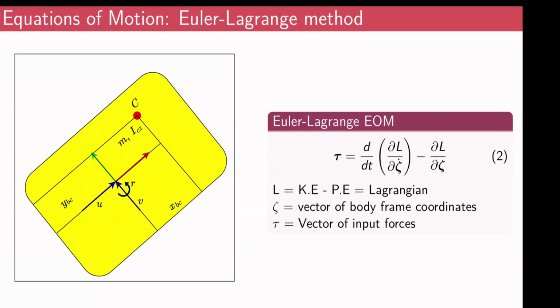I hope you can recall what this theta is. Theta is nothing but the vector of velocity coordinates u, v, r with respect to the body fixed frame of reference. So if you consider this to be the body fixed frame of reference, P, and this is the XB axis and this is the YB axis, right?